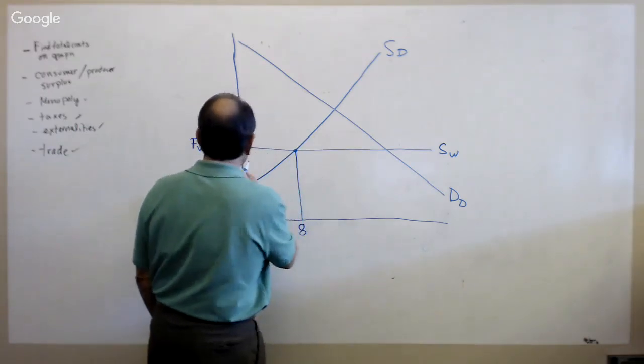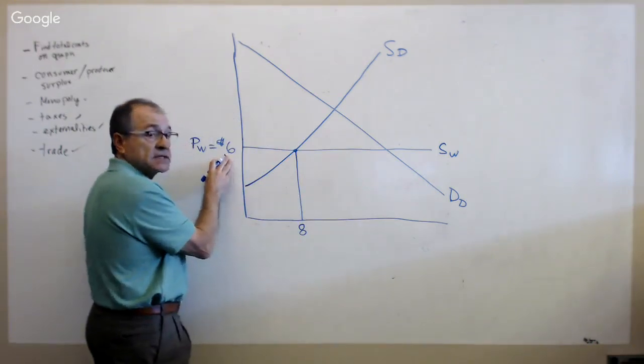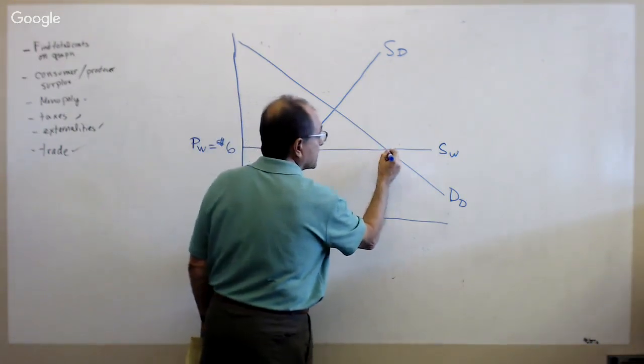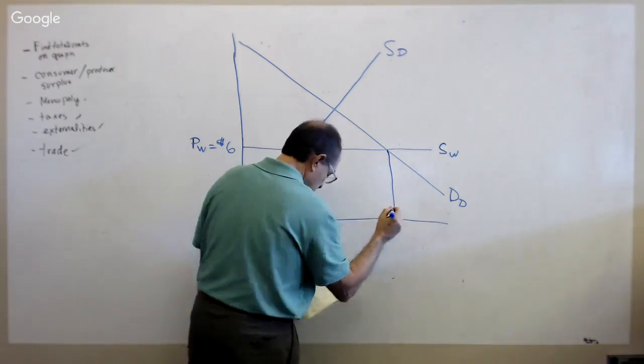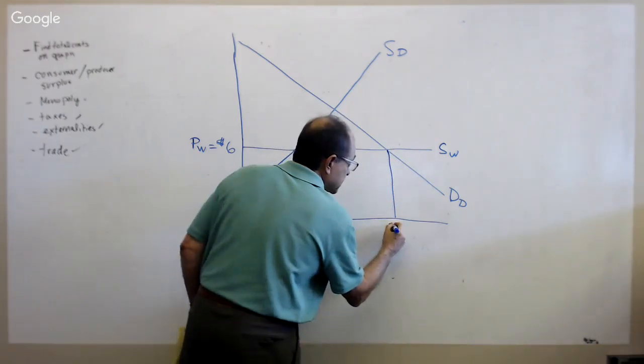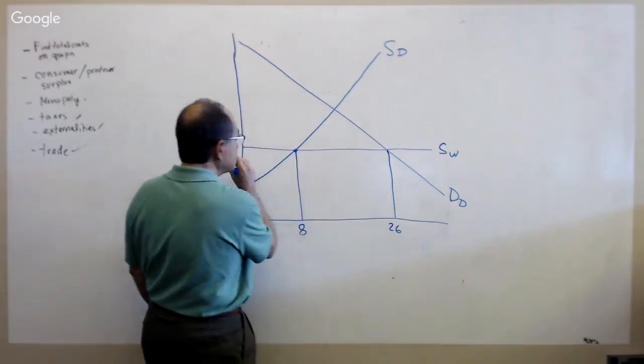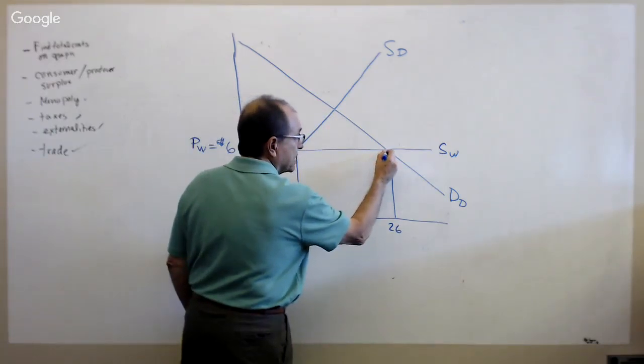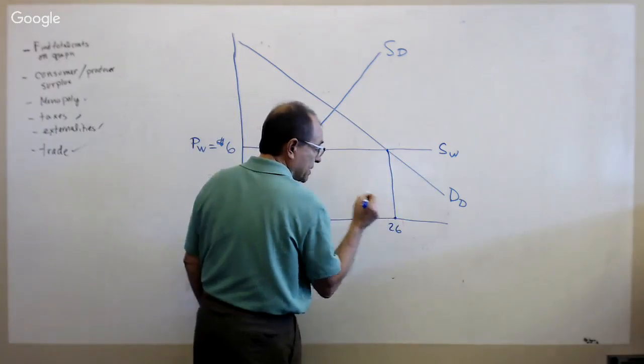Domestic consumers, if faced with the price of $6, their quantity demanded is going to be, in this particular case, 26 units. Right? So at a price of $6, go to the demand curve and down, and you get the quantity demanded.